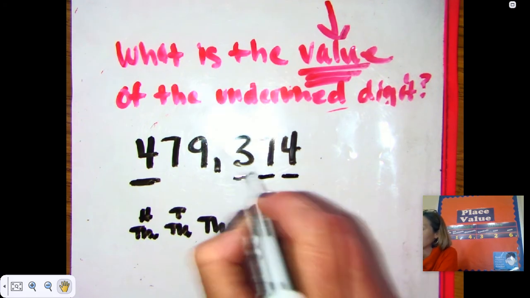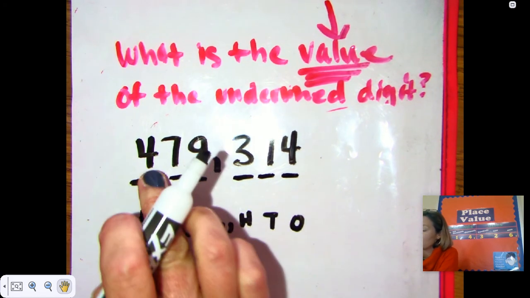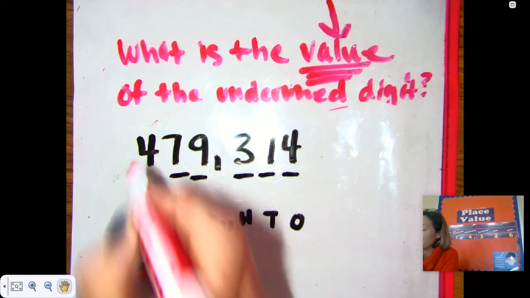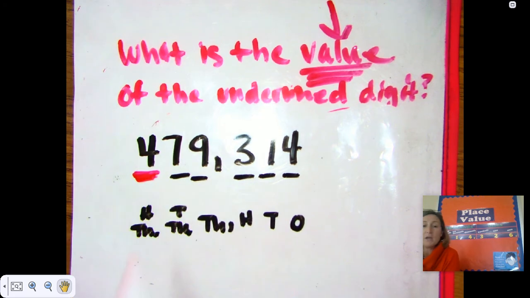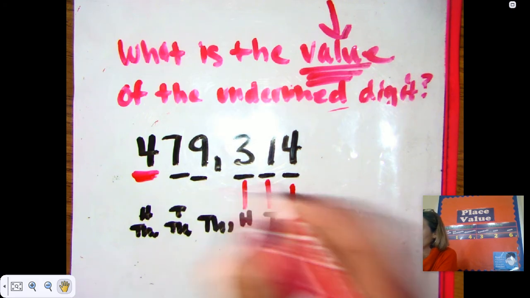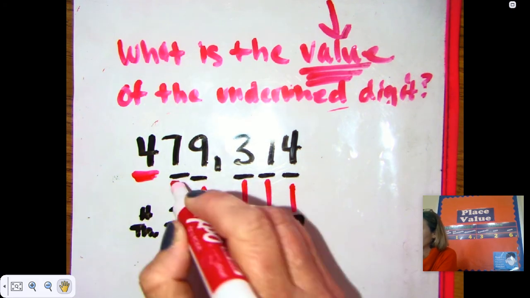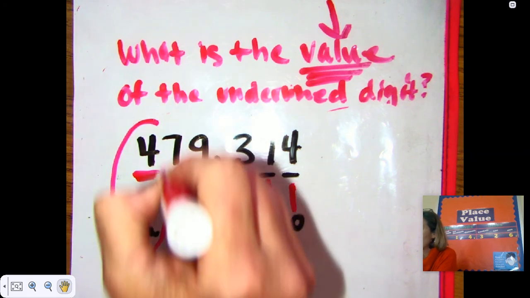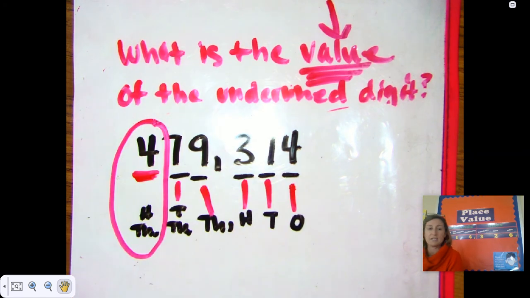I'm going to change this to a different color so we know that this is the underlined digit. We've just done this to make it a little bit easier for you. We want to know what is the value of the underlined digit, which is the 4.